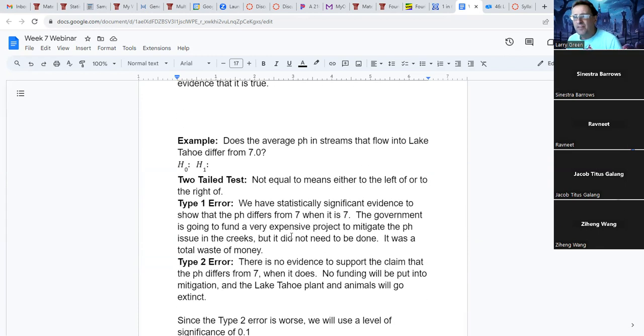Okay, so let me give you another example. And I know most of you probably aren't even from Lake Tahoe, but one of the biggest things that we care about in Lake Tahoe is that we keep our lake blue, is what they say. Keep Tahoe blue. So we want to make sure that we don't have mess coming into the lake. And there's lots of different messes.